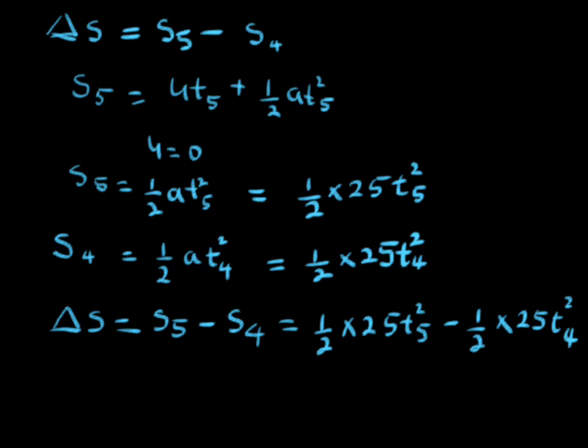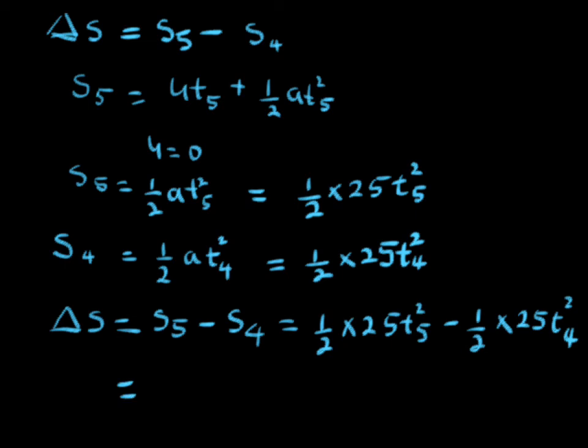Now I can choose to write this t subscript 5 as 5, because I'm trying to find the distance covered in the fifth second, and also this t subscript 4 as 4, since the time there will be the fourth second. Now let's factorize this and see how it goes.